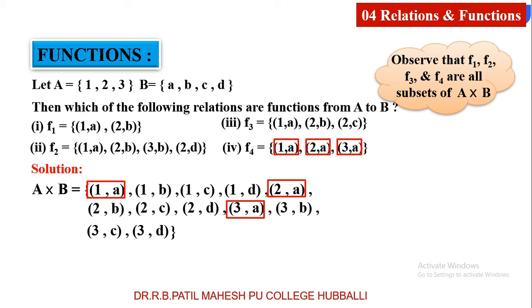So when these are subsets of A cross B, then F1, F2, F3, F4 are definitely relations from the set A to the set B.